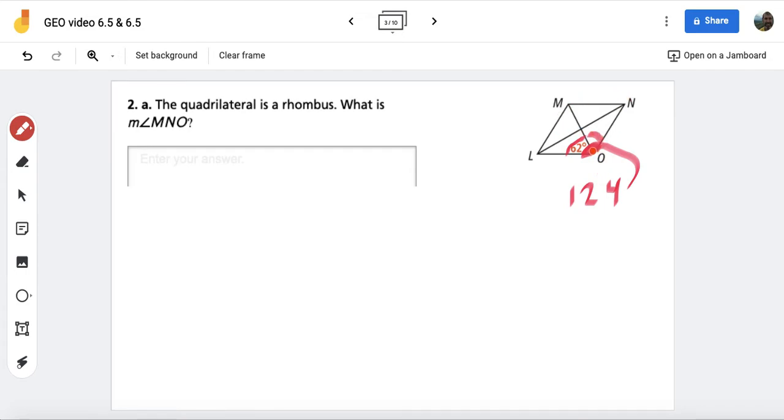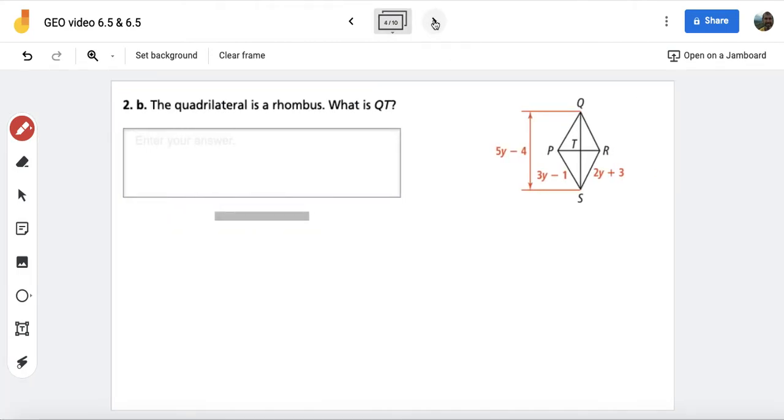Well, it's a parallelogram, so if this is 124, this whole thing here is going to be 180 minus 124, which comes out to 56. So I know this big angle here, MNO, is 56. So I could cut it in half, except, hold on. They wanted us to find out what MNO was, and I just did. 56. What else do they want us to do?